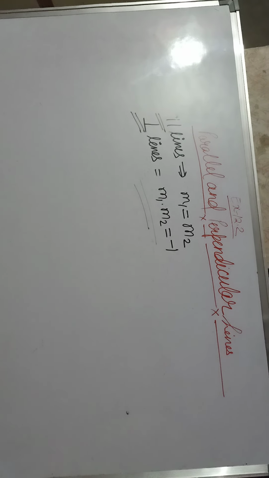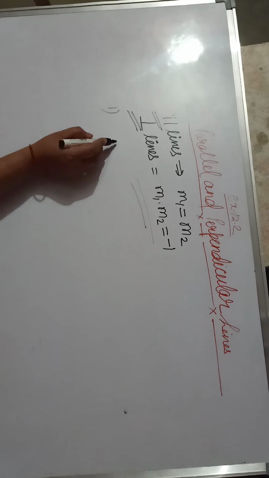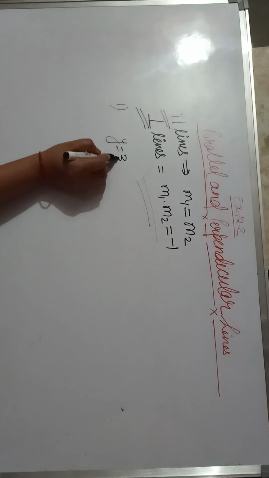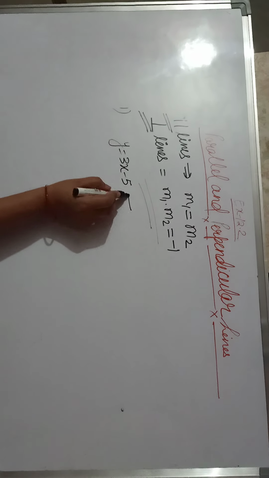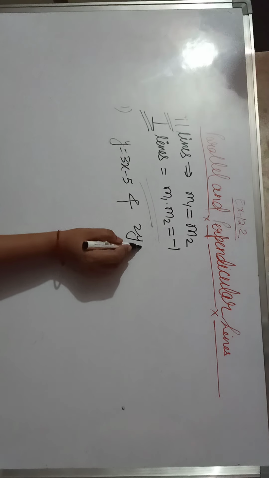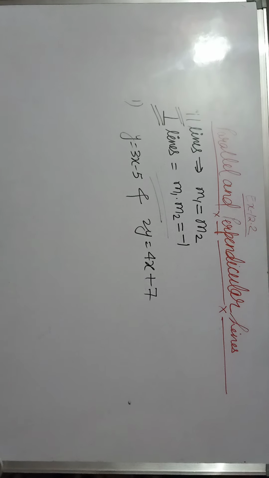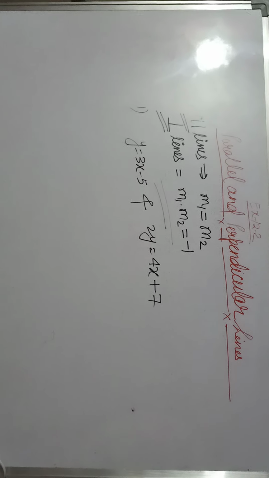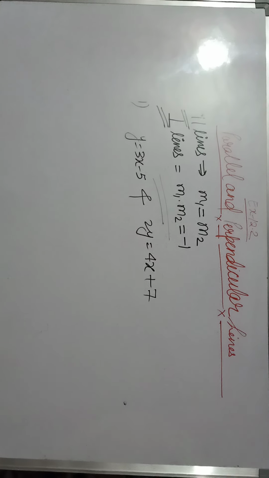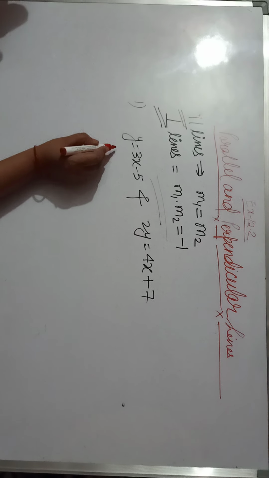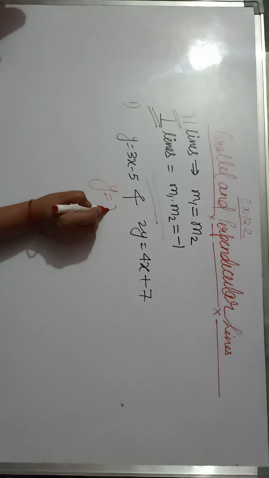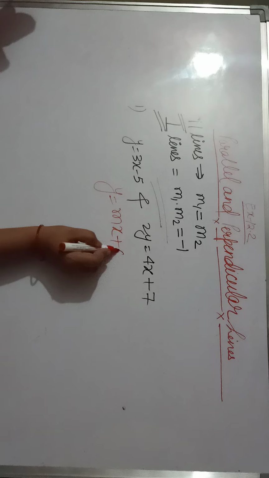We have two lines: y is equal to 3x minus 5 and 2y is equal to 4x plus 7. In this condition we have to get the slope of the two lines. As we all know, the form of the straight line is y is equal to mx plus c.